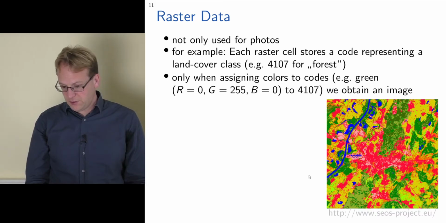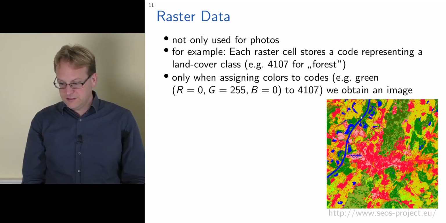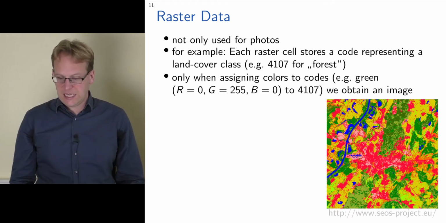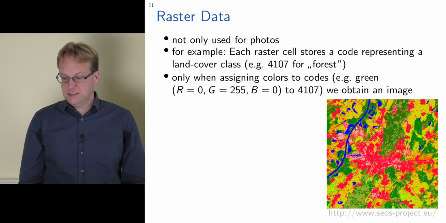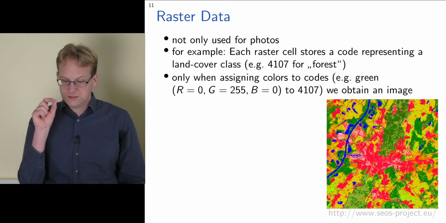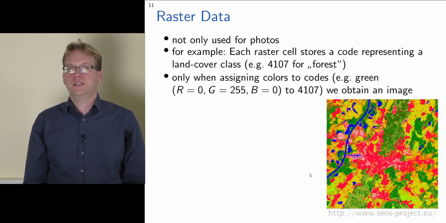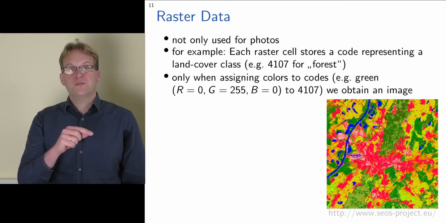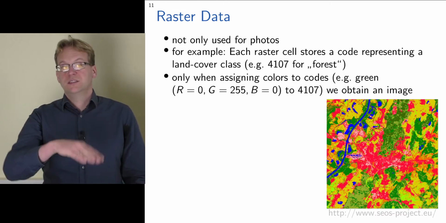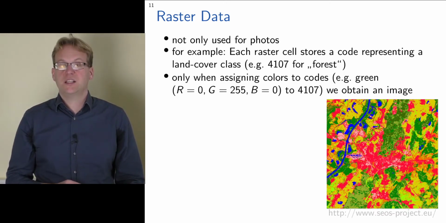And, of course, if you show this in a geographic information system, then this code is somehow translated into a color. But that needs to be defined. So you, as a user, usually need to say, okay, let's say 4107 is displayed in green. So then you convert this raster data set into an image with these 3 channels RGB.